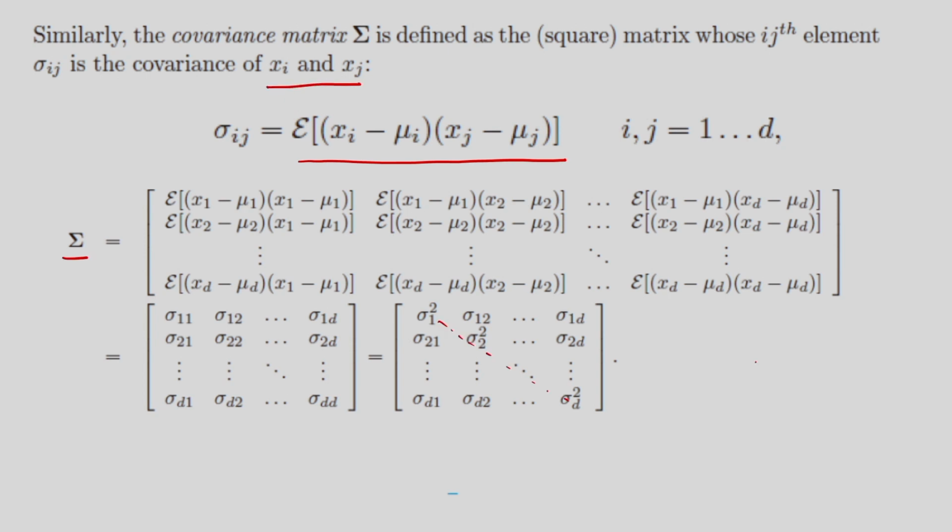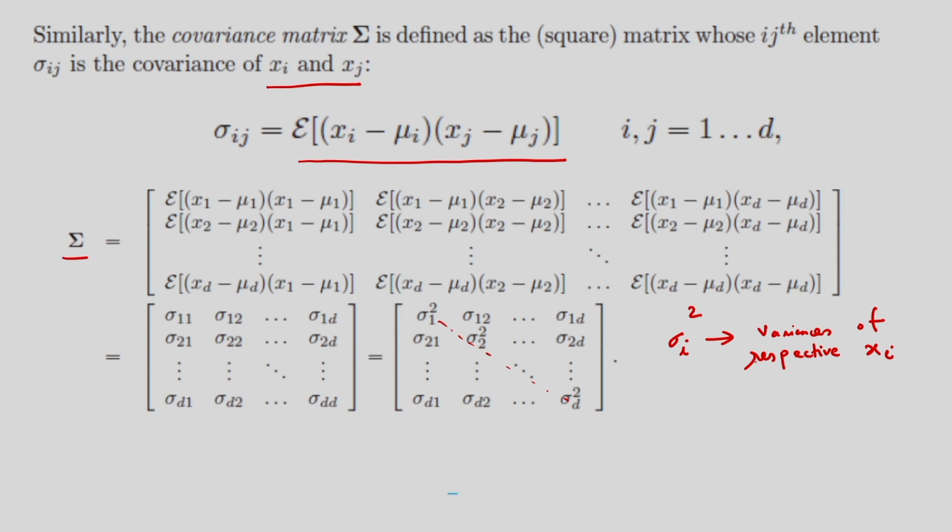The diagonal elements are the variance of the respective xi, so sigma i square corresponds to the variances of the respective xi.